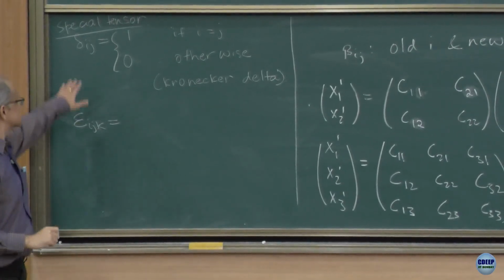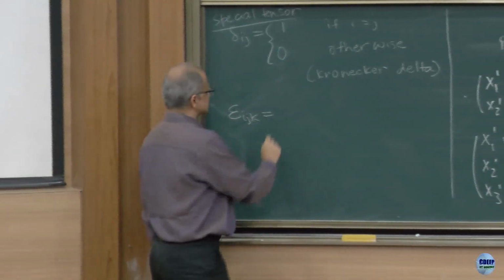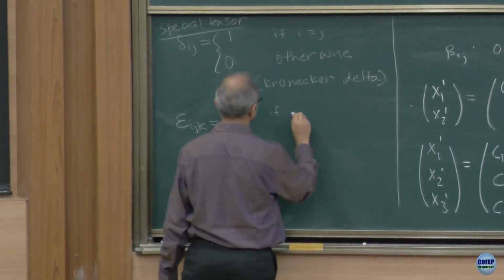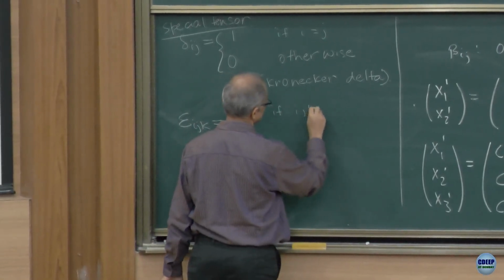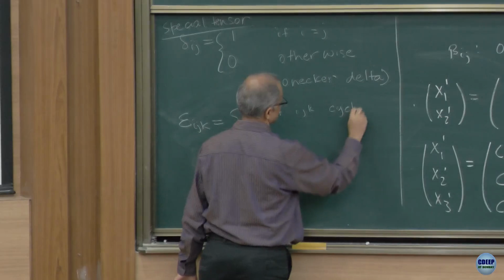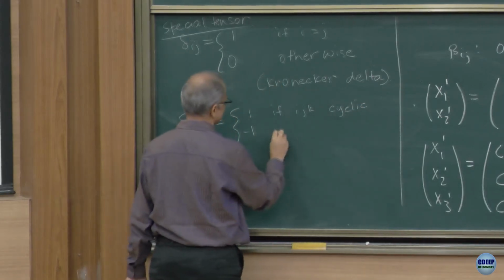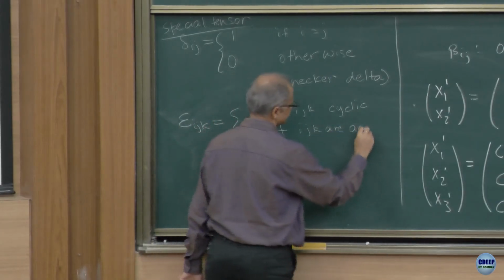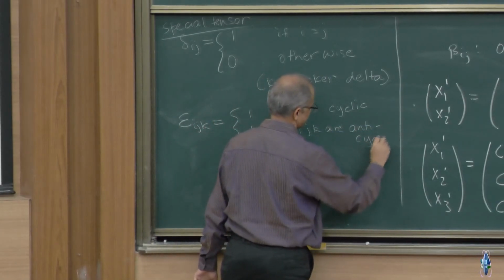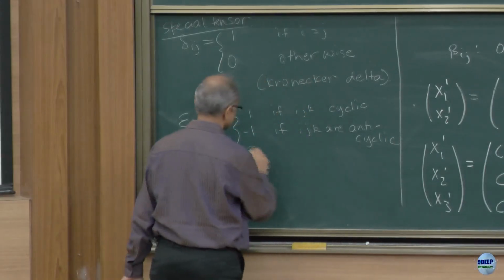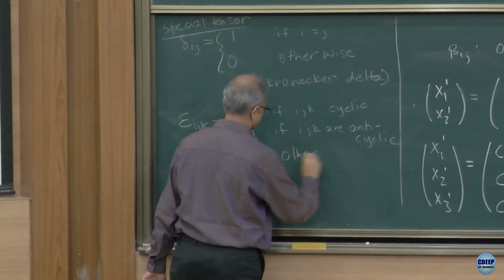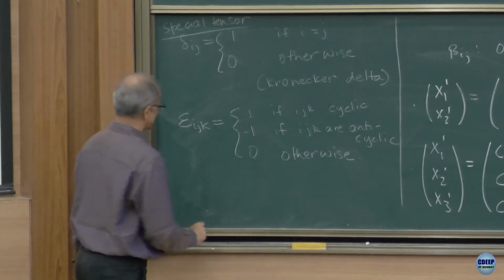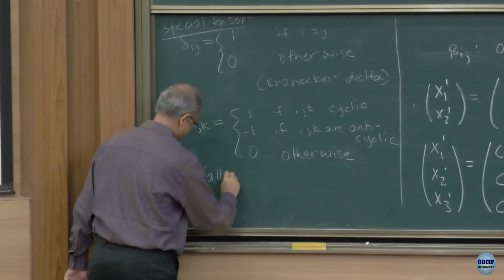It is equal to +1 if ijk is cyclic, and -1 if ijk are anticyclic, and 0 otherwise. So this epsilon is what is known as an alternating tensor.